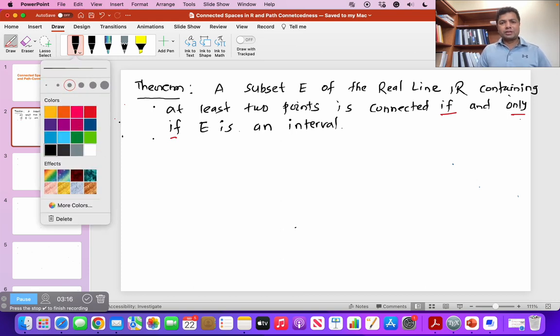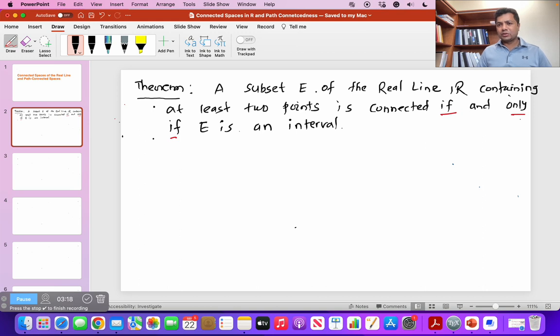So this theorem tells us that if E is a subset of R containing at least 2 elements, then E is connected if E is an interval.